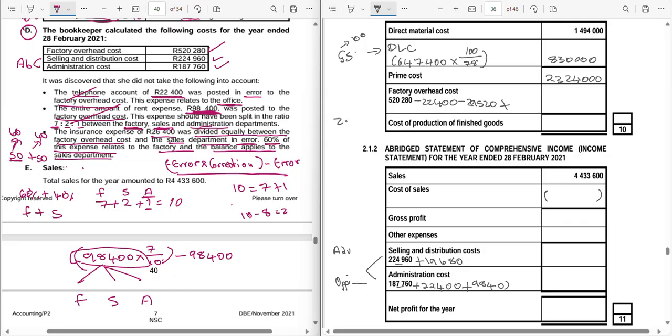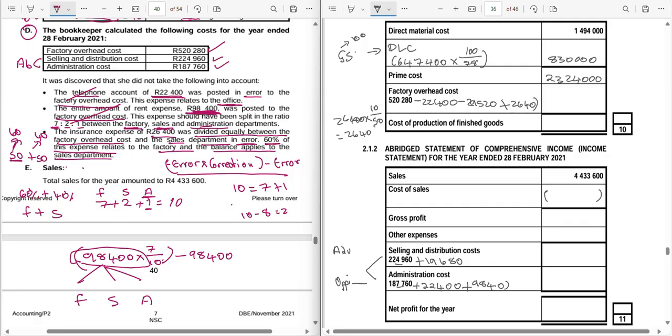So Telfato said 26,400 multiply by what? 10. That's what we want. Divide by what we have, which is 50. We get 2,640, right? So since it was under allocated, we say 2,640. Thank you.